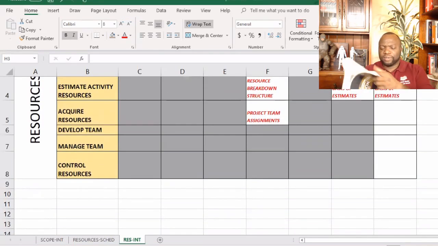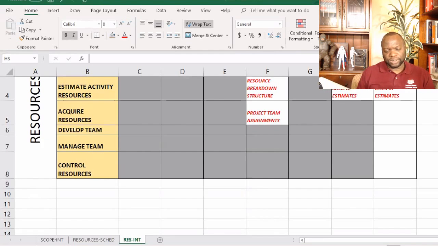Let's continue going to the bottom. Change log, issue log, LLR, milestone list, project communications, quality control measurements, quality reports, requirements documentation, risk register, risk report. End of story.